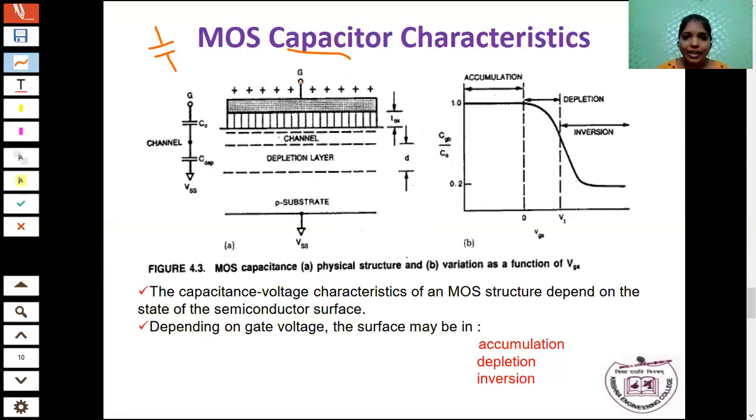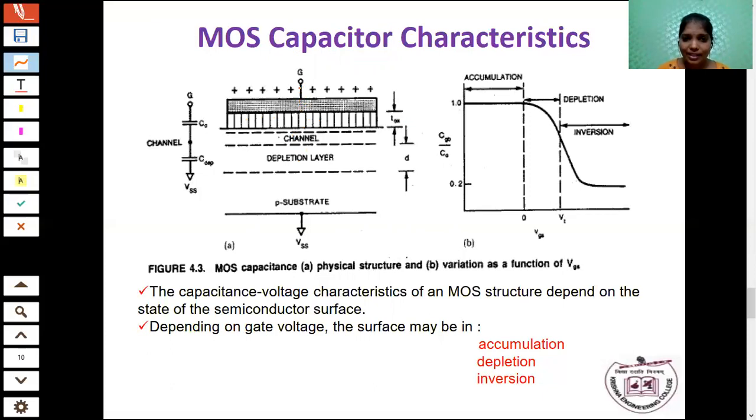Here in a MOS transistor or a CMOS transistor, the gate is taken from the polysilicon layer. Below the polysilicon layer, there is an oxide layer. That oxide layer acts as the dielectric material, or the insulator. So between the gate and the body, there is one dielectric material, and it acts as the capacitance.